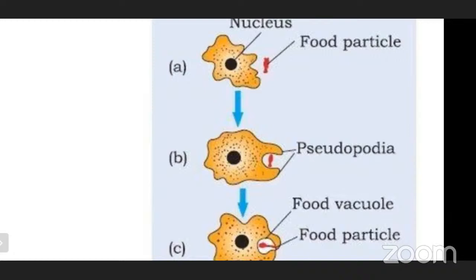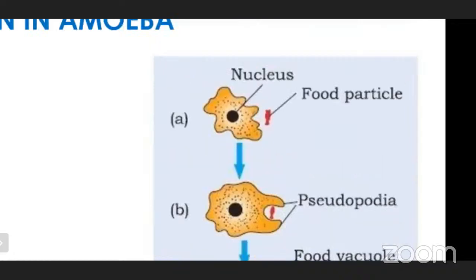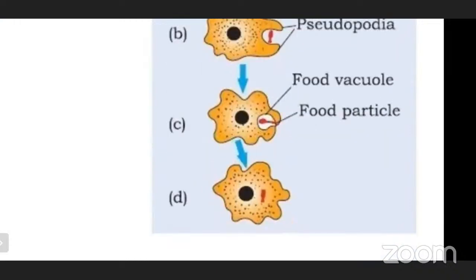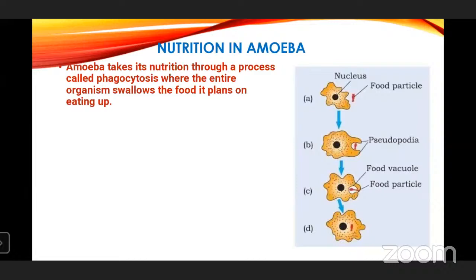Okay, dear students. So this is heterotrophic nutrition in amoeba. Nutrition in amoeba: amoeba takes its nutrition through a process called phagocytosis.